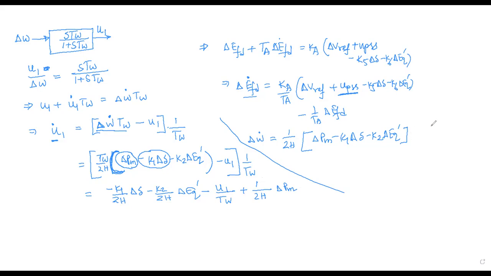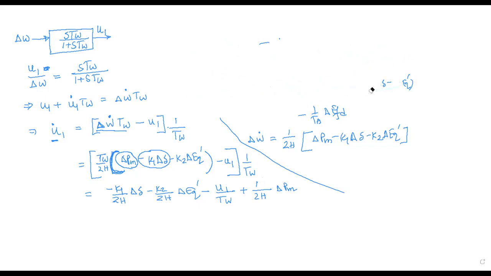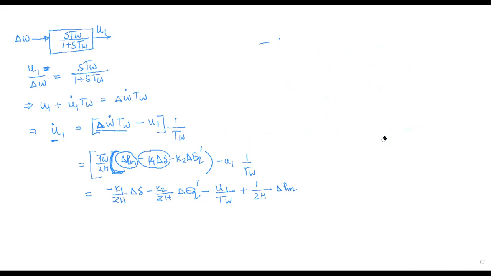So now that we have it, you already have the additional state equation derived in the form of U1 dot. Now let's go and look into U2 dot. For the U2 dot block, we have the second and the third block there. The second block is the lead block.